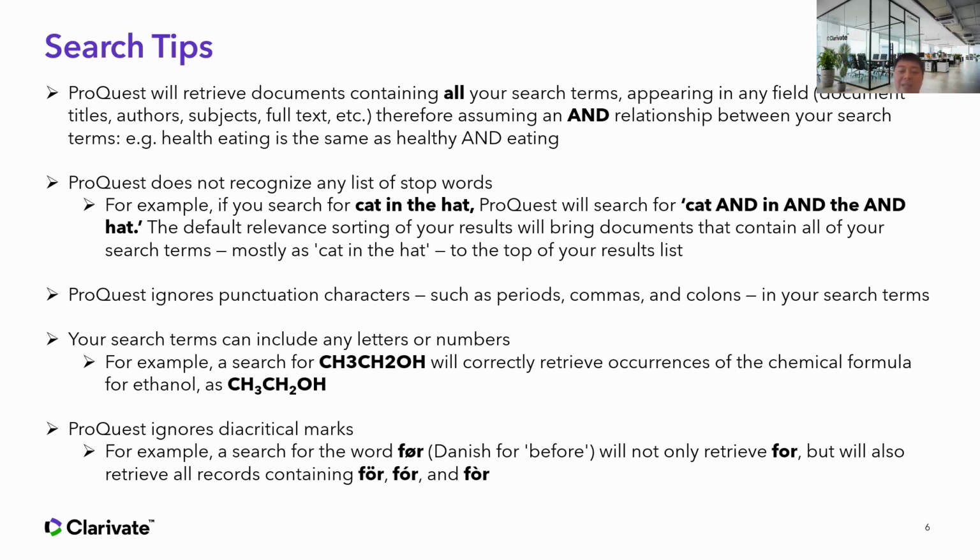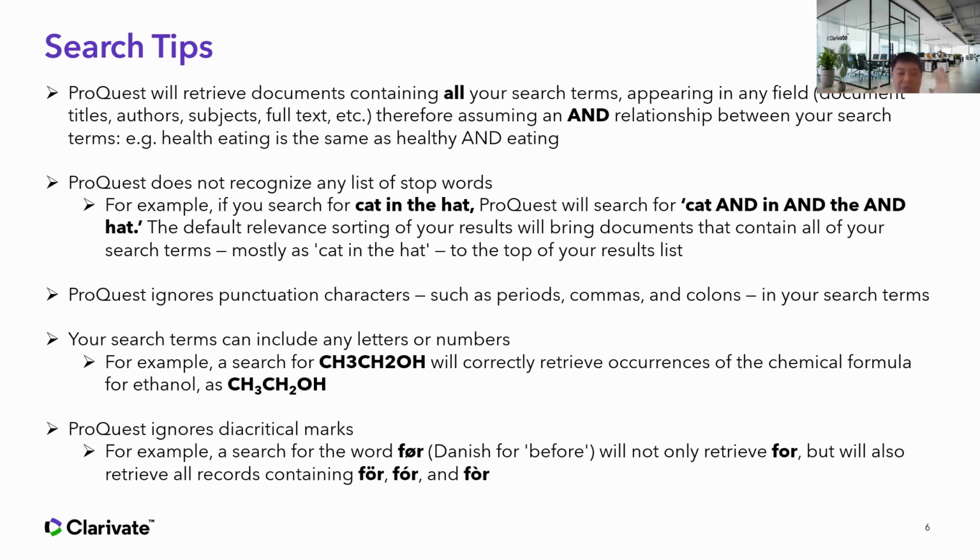Also, it doesn't recognize stop words. Stop words are prepositions like in, at, before, after, or articles, definite articles, indefinite articles, like any, those things that some smart databases exclude from the search, right?